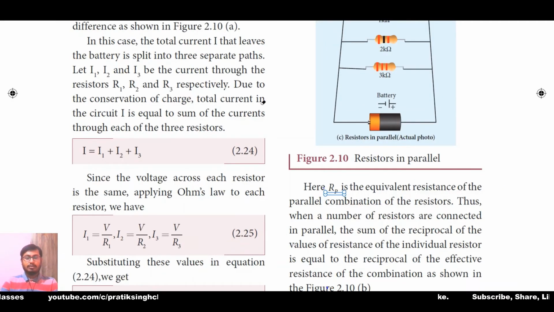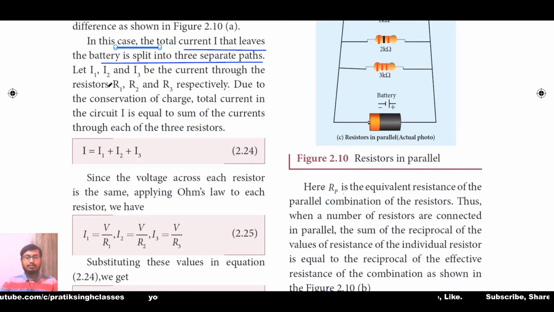Okay, so coming to the topic of the book once again, in the case of parallel resistors, the total current I that leaves the battery is split into three separate paths, okay. Suppose the current through resistor R1 is I1, through R2 it is I2, and through R3 it is I3.